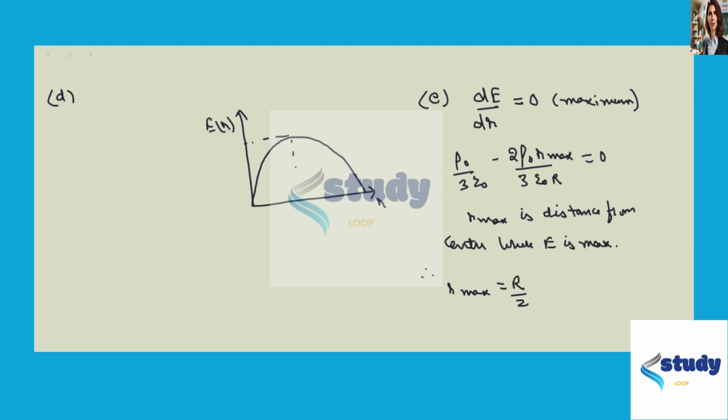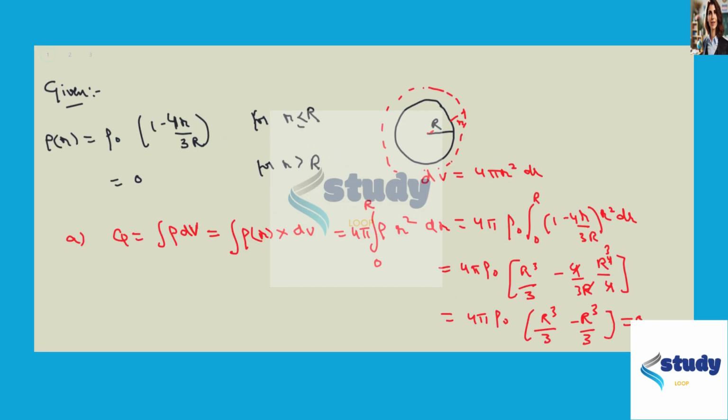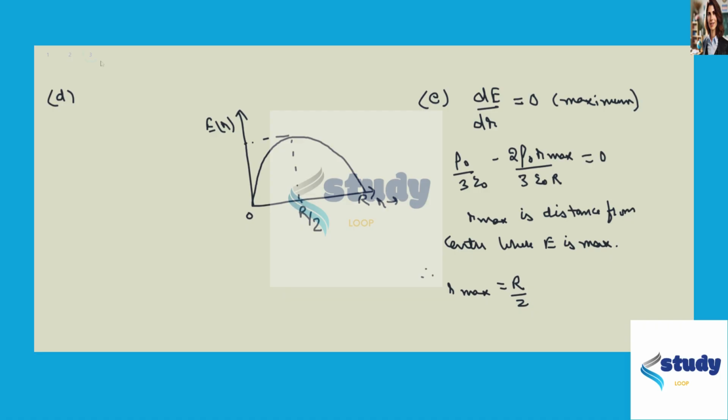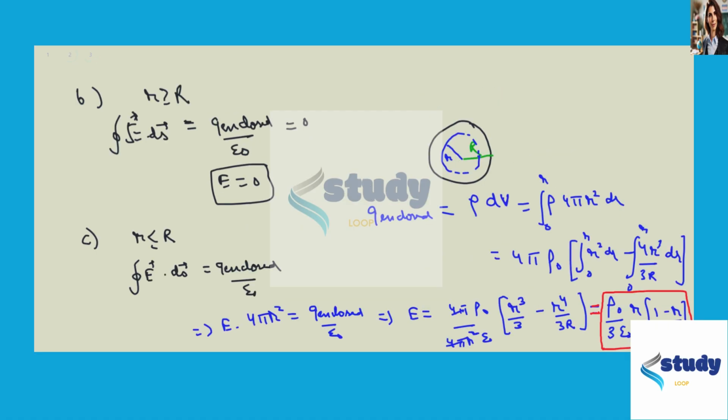That means at the halfway point of the radius, we have the electric field maximum. And we can find out this electric field by putting in r equals R over 2.